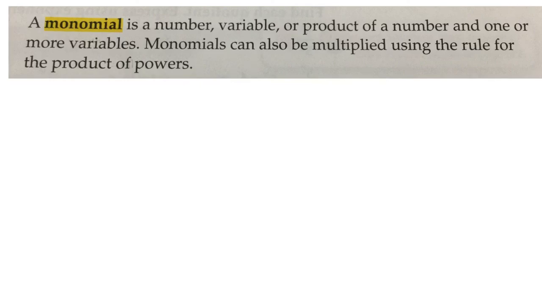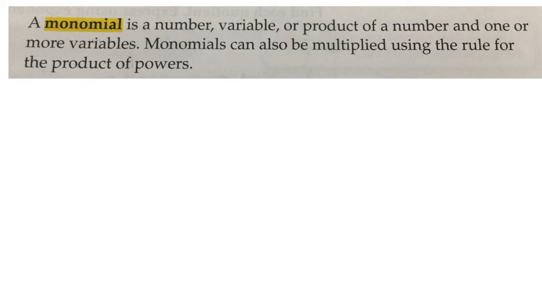It's a number, variable, or product. What is a product? Answer to a multiplication problem, right? So a monomial is a number, variable, or a product of a number and one or more variables. Monomials can also be multiplied using the rule for the product of powers.